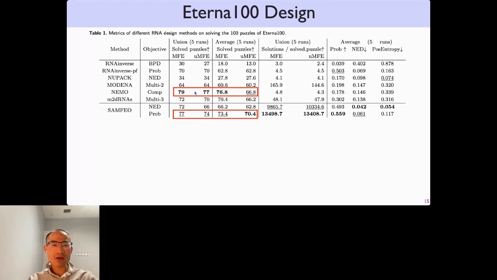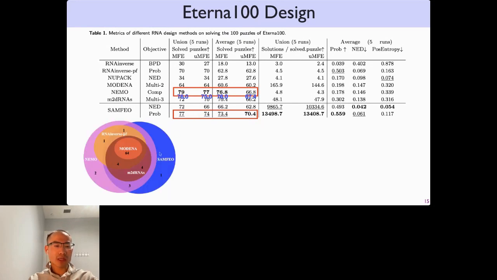But it turns out that the slight advantage of NEMO comes from some human-crafted rules in its package. If we use the optimization-based NEMO without rules, our method will be the best performing method in terms of MFE.